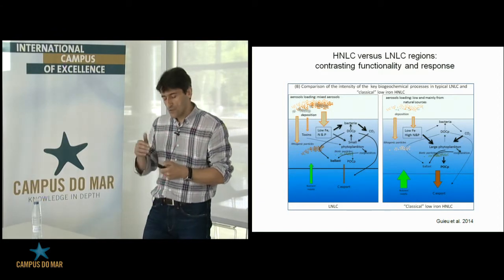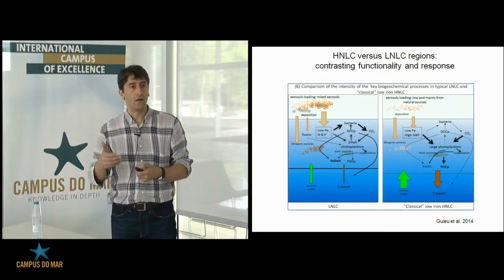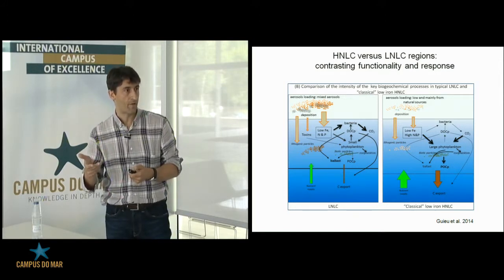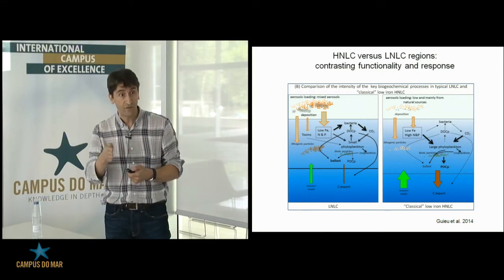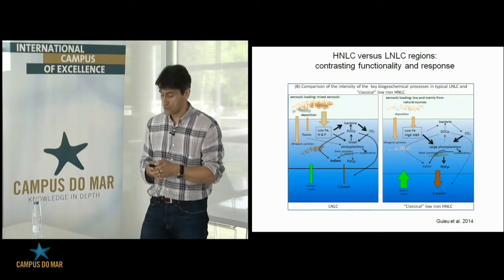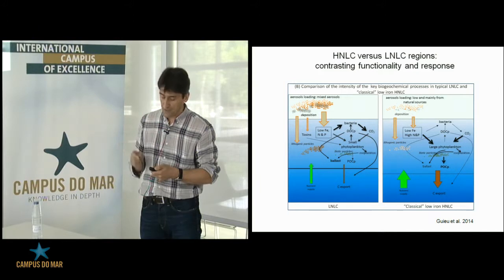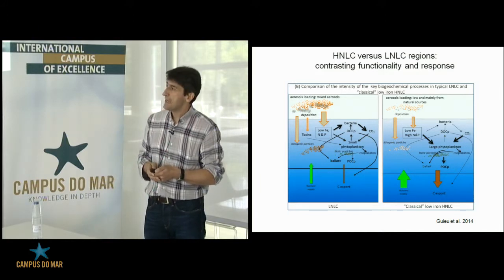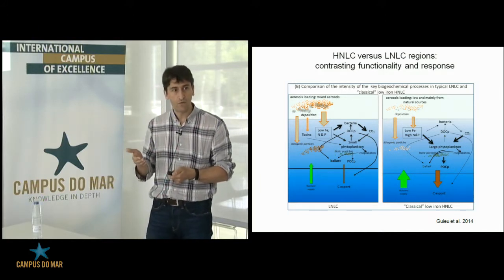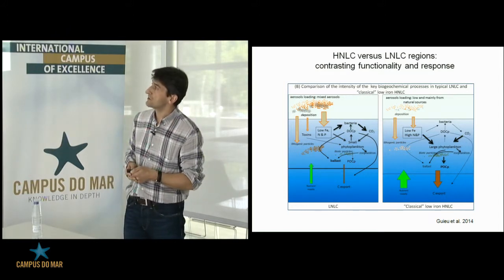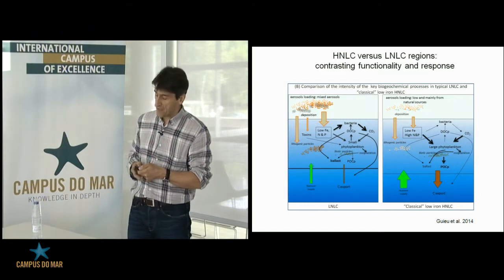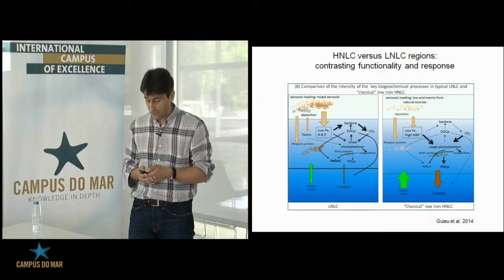But now, because of differences in the stoichiometry of primary production, and by stoichiometry I mean the proportions in which different nutrients are incorporated into organic matter, because of differences in these ratios that I will be showing in a minute, the potential for response to one of these dust deposition events in these two types of regions is quite different.